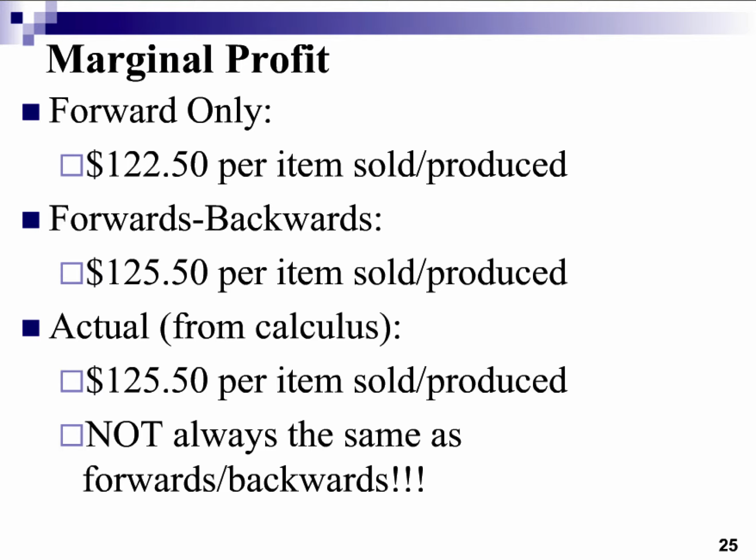And so the marginal change, which is really just the forwards only method, is not as good an approximation, but given the ideas that we'll see in the next topic, we will take marginal change and slope of a tangent line to be synonymous with each other.